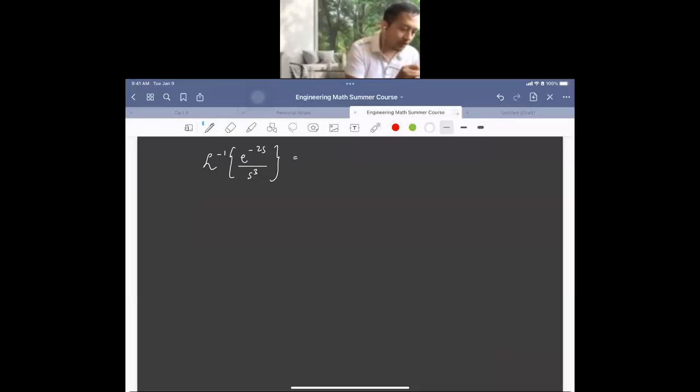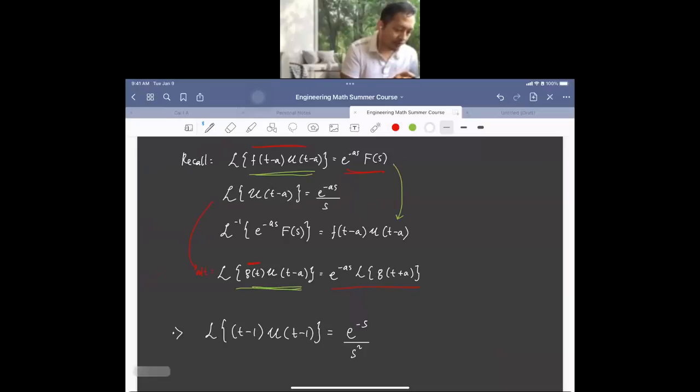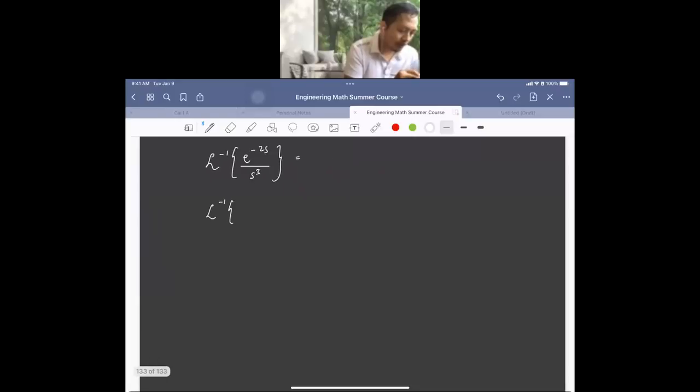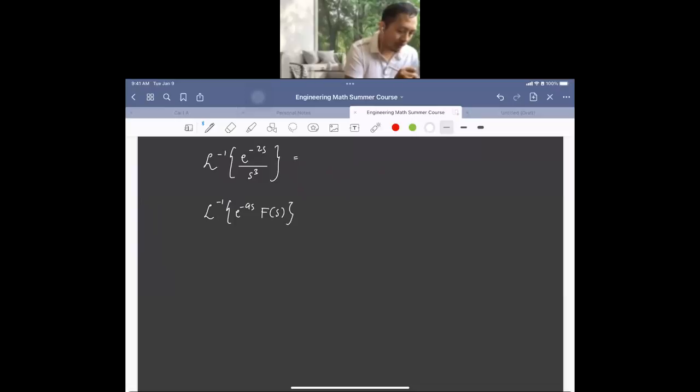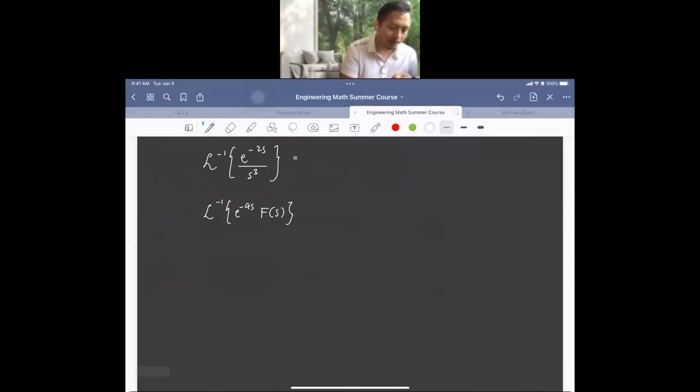Now first we remember that the Laplace inverse of e to the negative as times F of s, this is the very basic inverse, right? This is equal to f of t minus a times Heaviside t minus a, right?